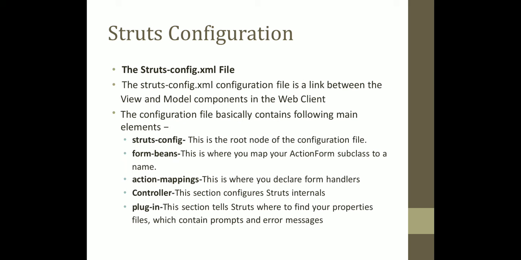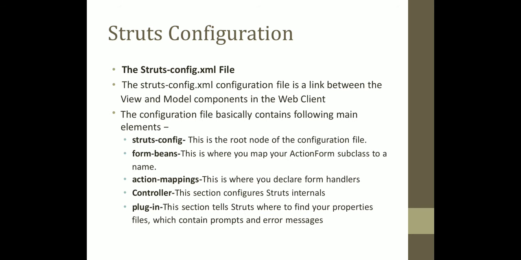Third is the struts-config.xml file. The struts-config.xml configuration file is the link between the view and model components in the web client. This configuration file basically contains main elements like struts-config, which is the root node for any configuration file.